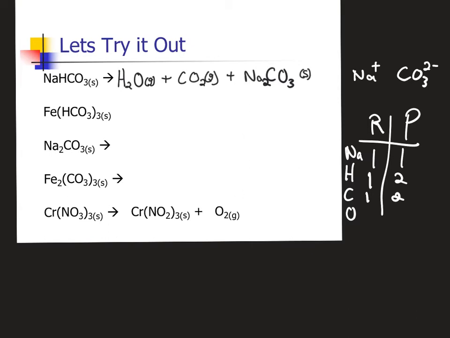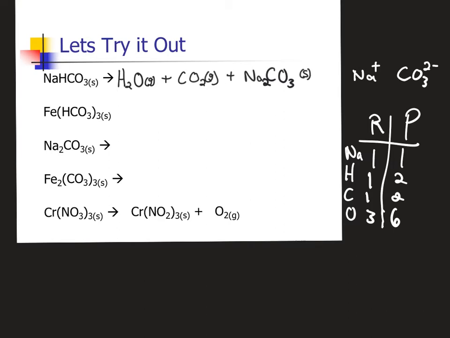And 3 and 6. It would look like that. And you get very, very frustrated really fast. Because you put a 2 in front of that sodium hydrogen carbonate that it would take to balance it, but then all of a sudden you got to put a 2 on the other sodium. And that changes the amount of carbon. And then you got to change a whole bunch of stuff, and you're going to get really frustrated really fast.